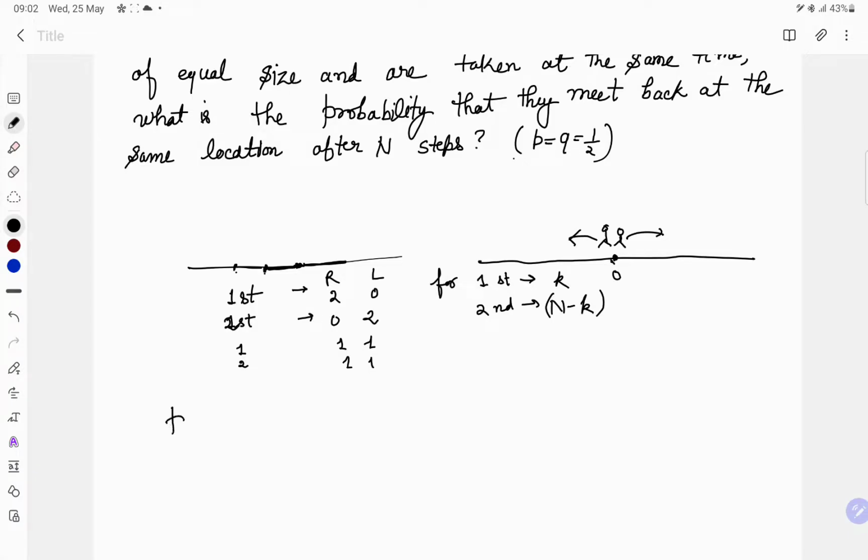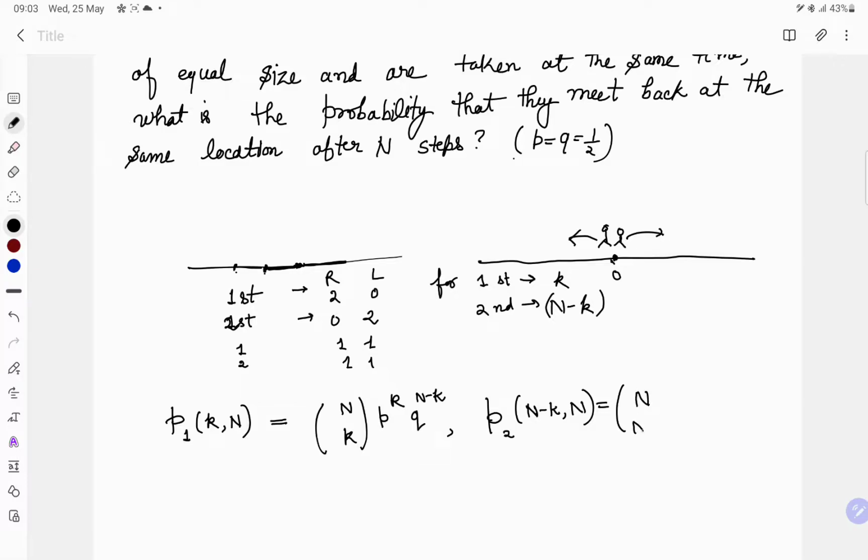So let us write the probability of the first random walker to move k steps forward, given by the binomial distribution, and this is nCk p to the power k q to the power n minus k. Similarly, the probability of the second random walker to move n minus k steps forward will be given by nC(n minus k) p to the power n minus k q to the power k.